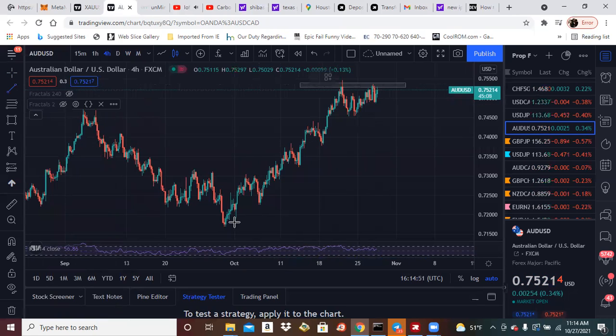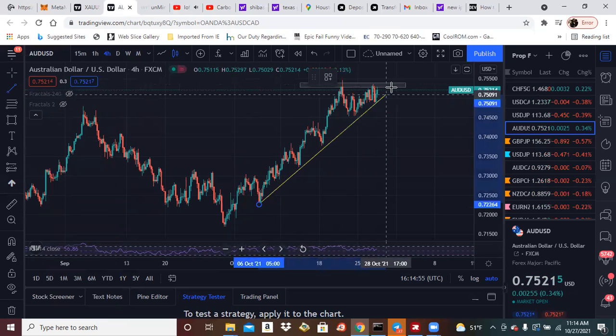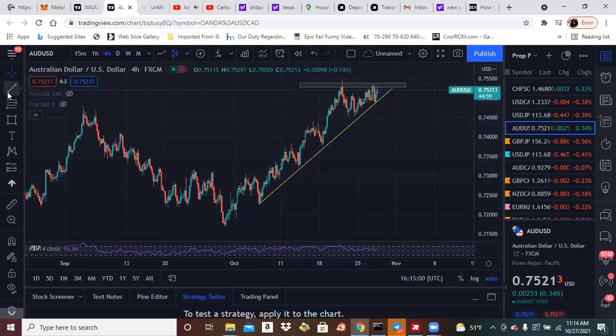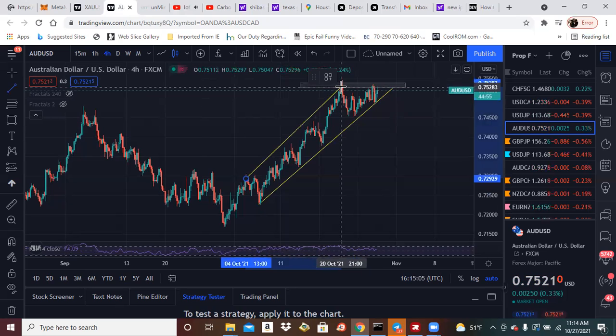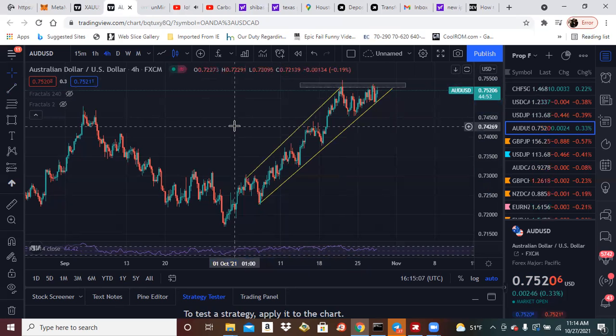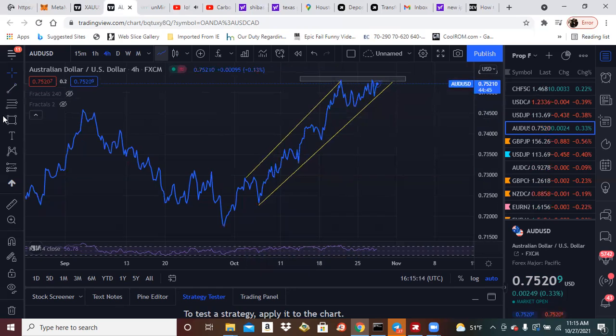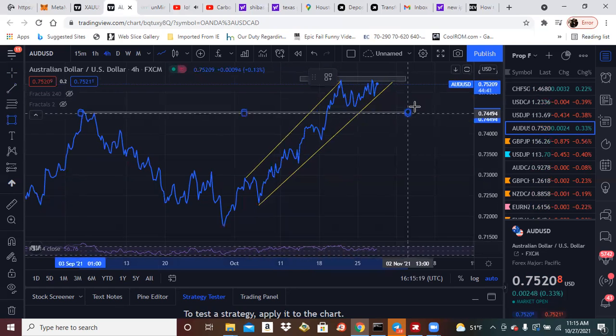We had a channel that's been respected all the way up to this double top, on both sides. The channel has respected this AUD/USD. Let's throw in our support and resistances. As you see, this area is the area of interest.